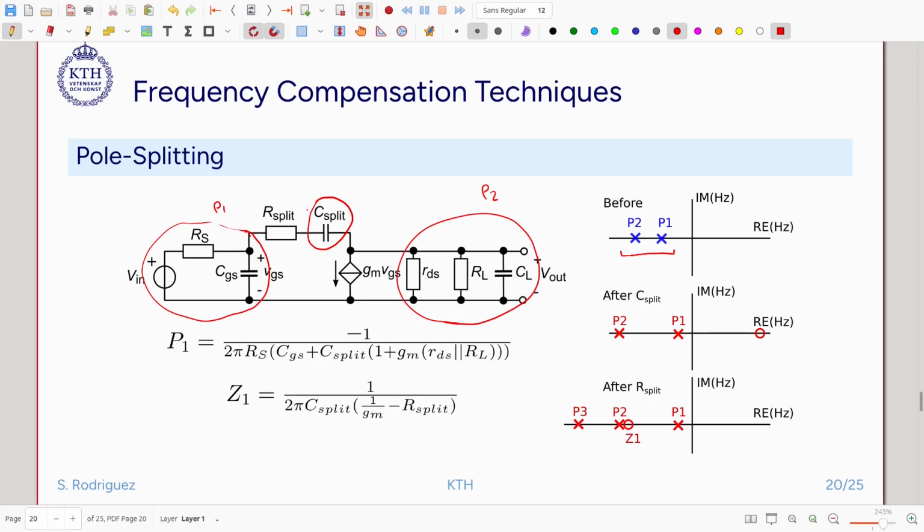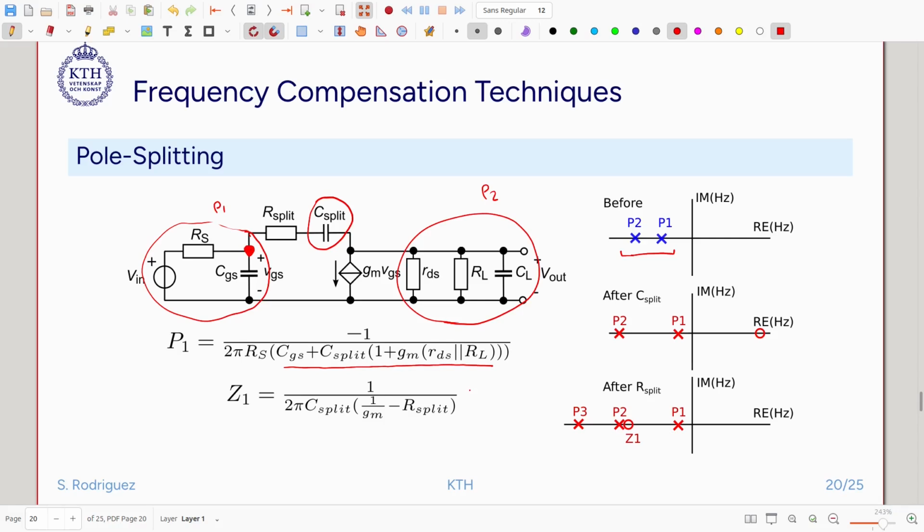First, there is a Miller effect, and due to the Miller effect, the capacitive load that we have in this node will increase. That will be approximately equal to CGS plus C split times (1 plus GM times RDS in parallel to RL). This is one thing that will happen.